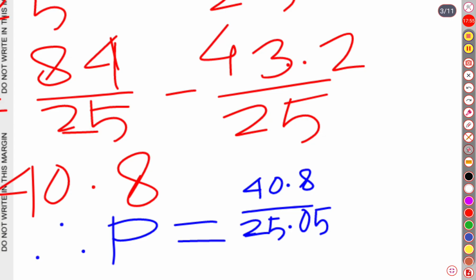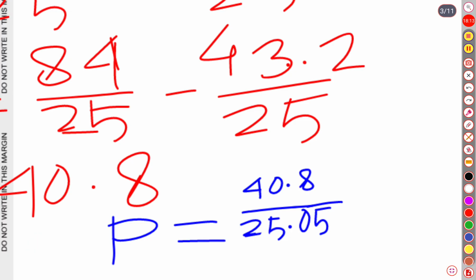Then let us use our calculator. Let it not be the final step, we will write one more step.